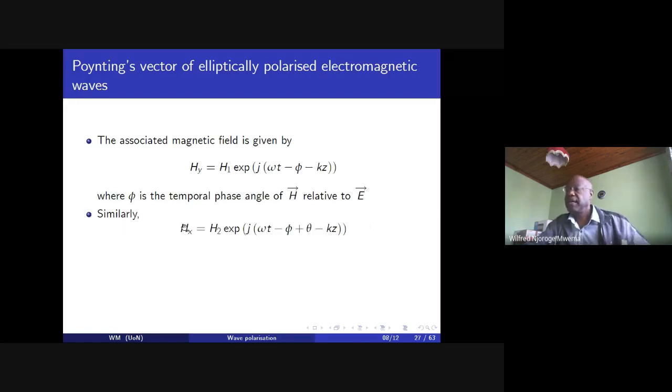Similarly, the magnetic field associated with Ey is going to be given by Hx equal to H2 exponent of j(omega t minus phi plus theta minus kz).